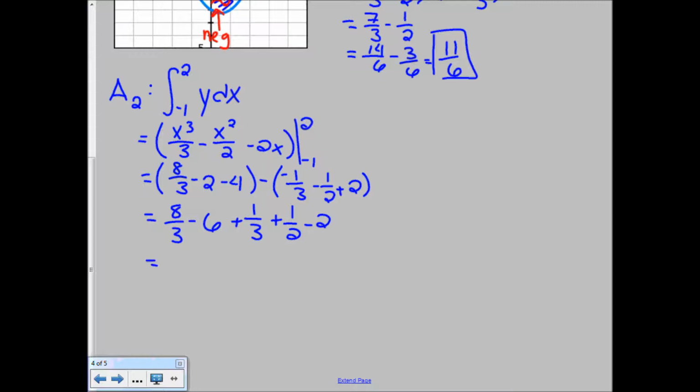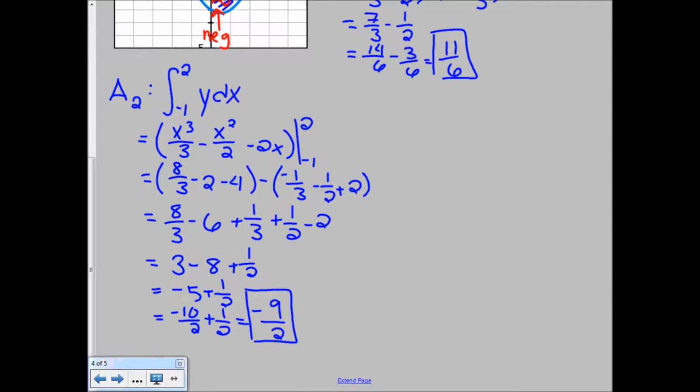We simplify, we're going to get 9/3, which is 3, minus 8 plus 1/2. So we're going to get -5 plus 1/2, which is just -10/2 plus 1/2. So we're going to get -9/2, which we knew it was going to be negative because A2 was all under the x-axis, so we knew that it was going to be a negative area.